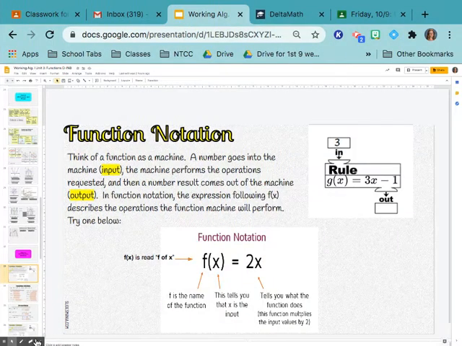Okay, so let's look at the other one. 3 is going into the rule. G of x equals 3x minus 1. So let's write g of x equals 3x minus 1.